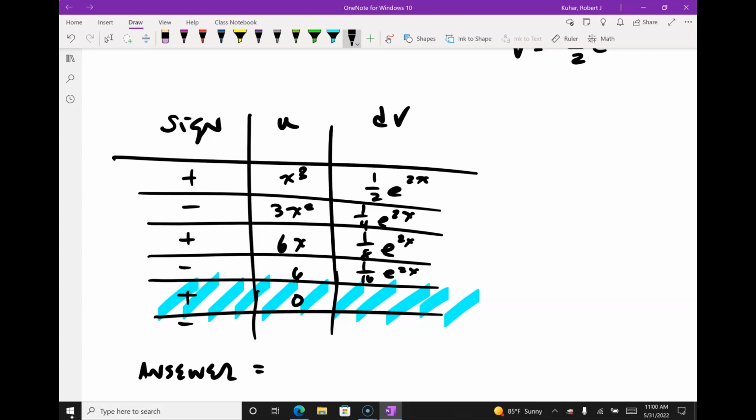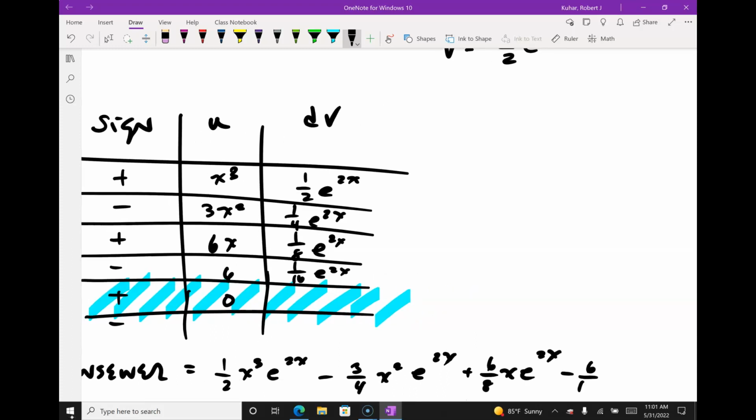So we're getting a 1/2 x cubed, I'm just trying to pick things in order, kind of. 1/2 x cubed e to the 2x minus 3/4 x squared e to the 2x plus 6/8 x e to the 2x minus 6/16 e to the 2x plus c.